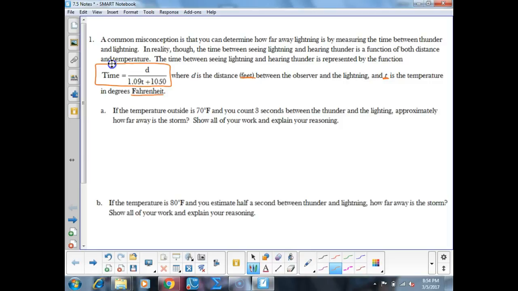If the temperature outside is 70 degrees Fahrenheit, and you count 3 seconds between the thunder and the lightning, approximately how far away is the storm?